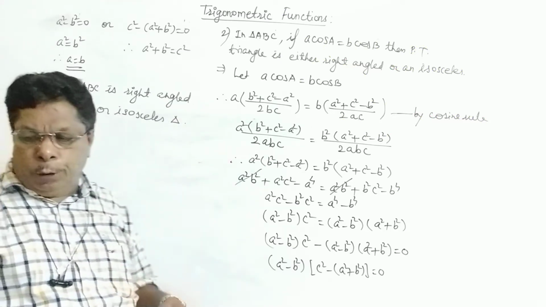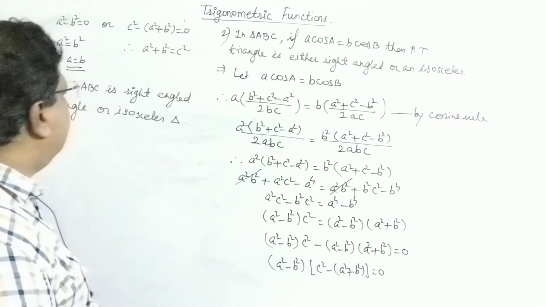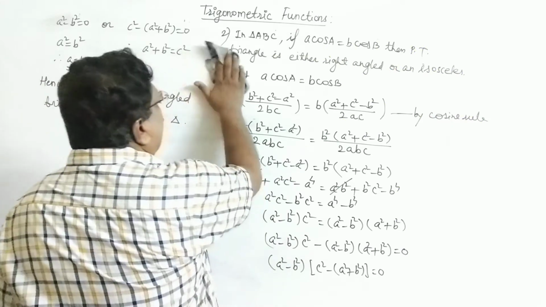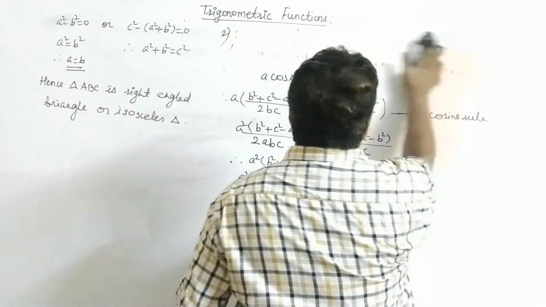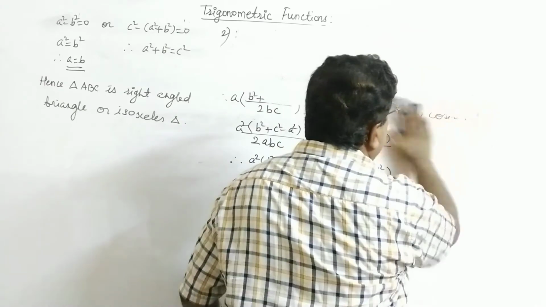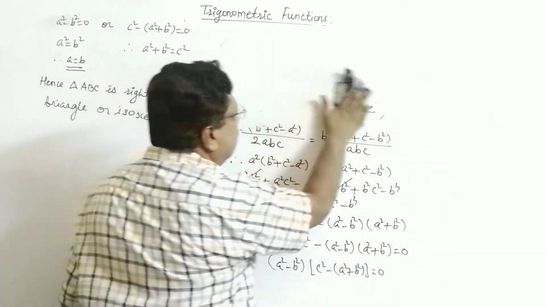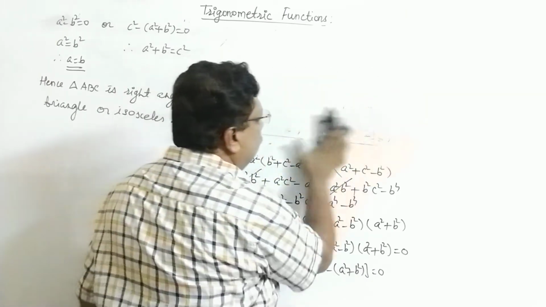Okay, now we take one more sum. These problems are based on the cosine rule. Now the next problem we will see is based on the sine rule as well as the cosine rule.